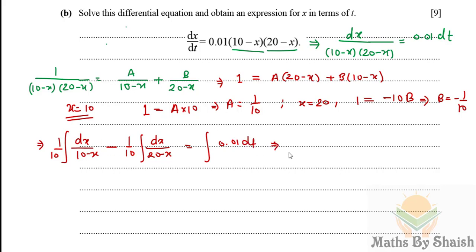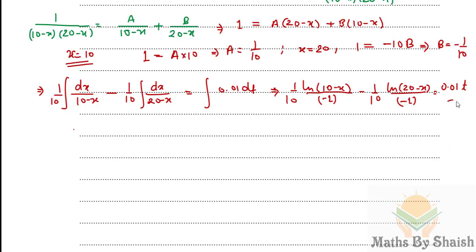Integrating, we get (1/10) ln(10 − x) divided by the derivative of 10 − x, that is −1, and then −(1/10) ln(20 − x) divided by the derivative of 20 − x, which is −1, equals 0.01t plus the constant of integration c.